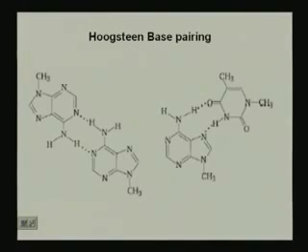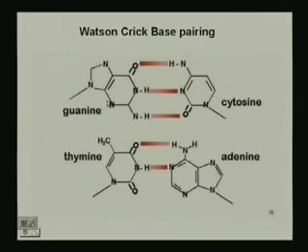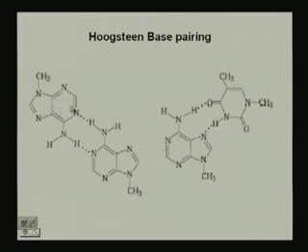We have another type of base pairing. The one I mentioned before is Watson-Crick base pairing. There is another type of base pairing called Hoogsteen base pairing. Now, what do you notice here? Is this a purine or a pyrimidine?